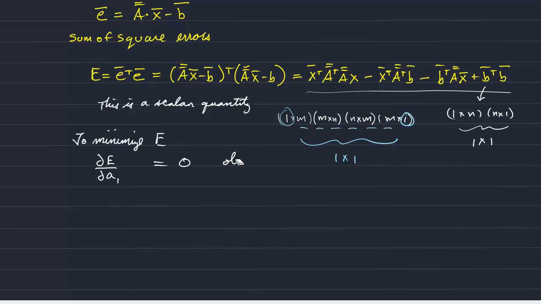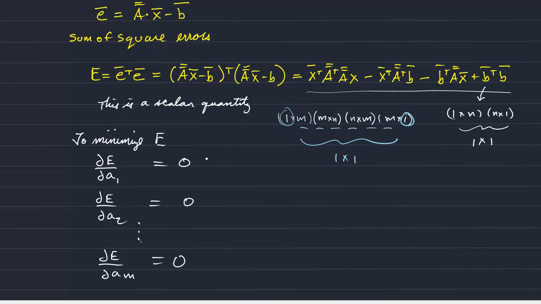But I'm going to leave that towards the end. And we need to take the derivative with respect to A2 and set that equal to 0, all the way down to the derivative with respect to AM, set equal to 0.